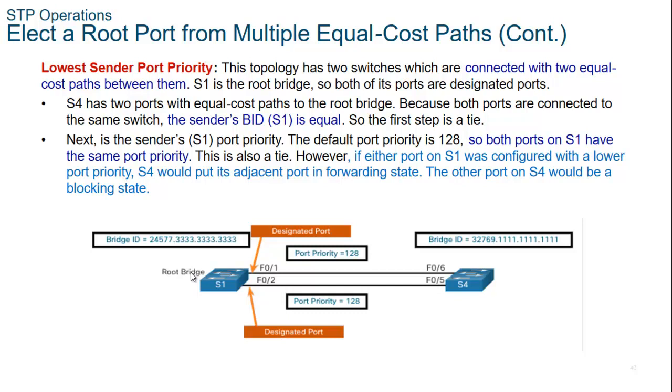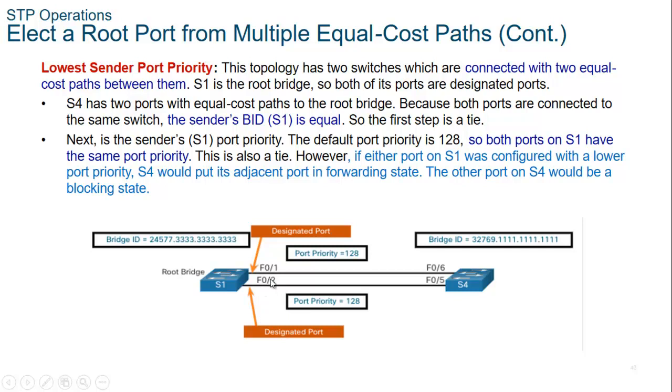The default port priority is 128. So both ports on S1 have the same port priority. This is also a tie. However, if either port on S1 was configured with a lower port priority, S4 would put its adjacent port in forwarding state, meaning that in this example, both of these ports have the same priority.